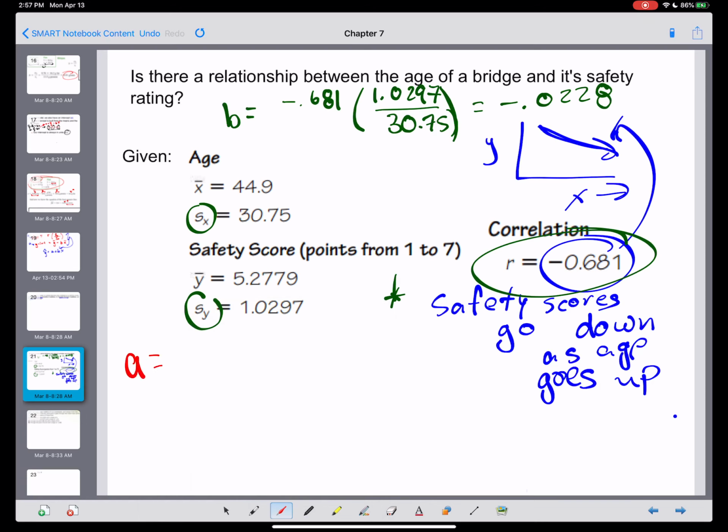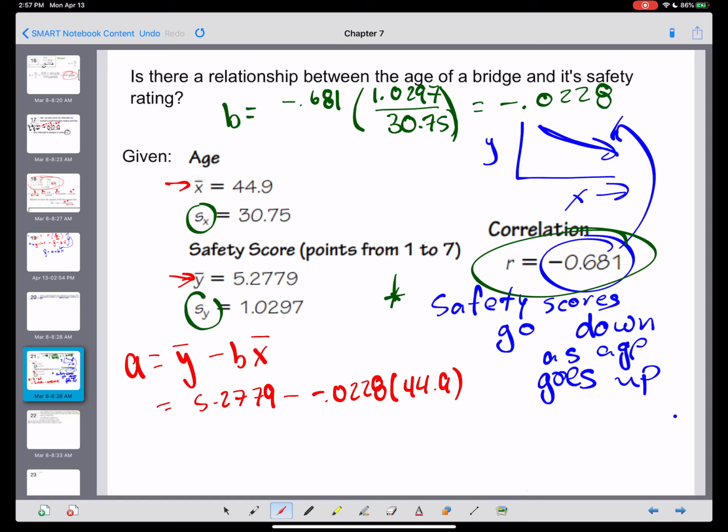Next, I want to find my A. So A is equal to Y bar, the average of Y, minus B times X bar. So Y bar is that. X bar is that. So 5.2779 minus B, which is negative 0.0228, times 44.9.